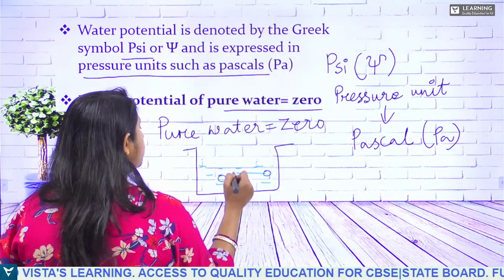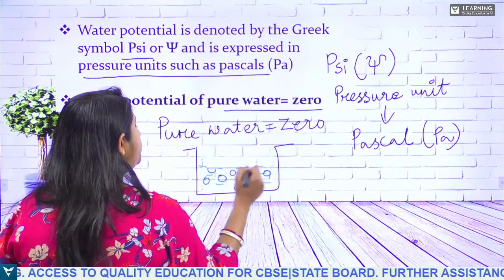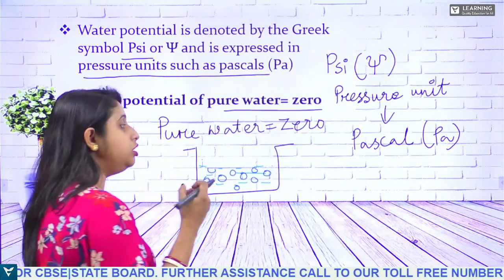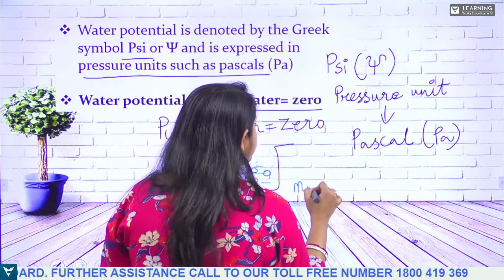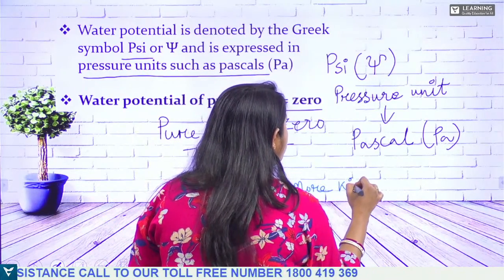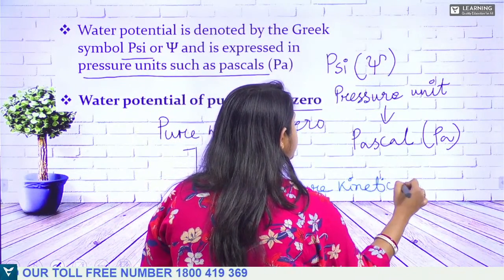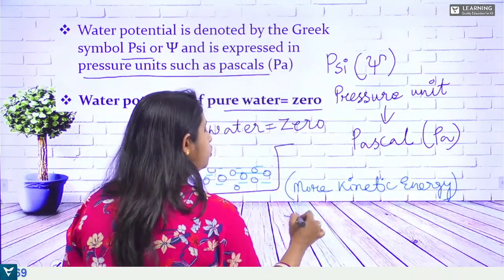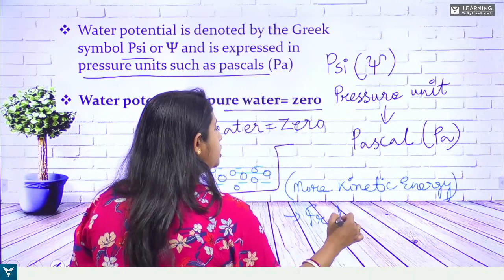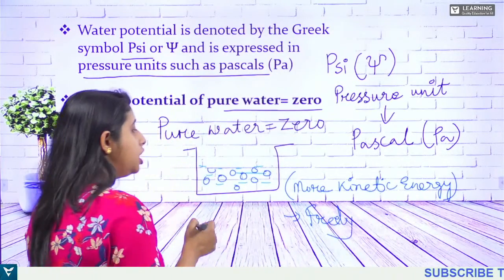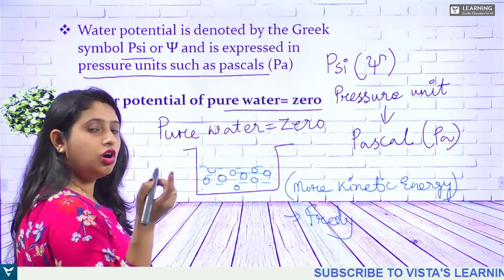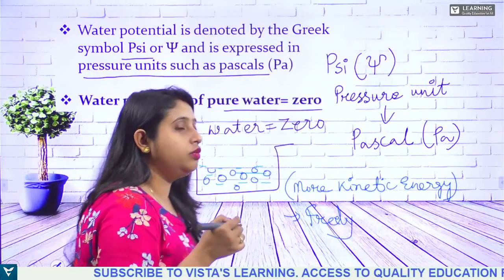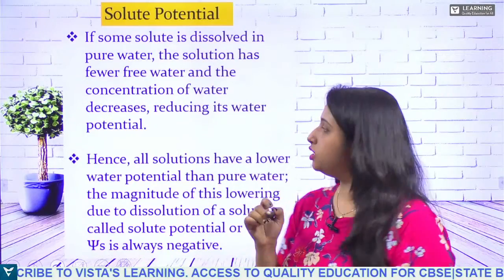When the water is pure, not mixed with any other solute, it has more kinetic energy and can move freely because it is not mixed with other solutes. That's why the water potential of pure water is 0.